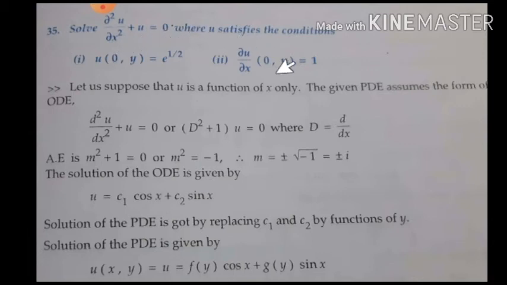In the same way, the derivative of u with respect to x is 1 when x is 0. So ∂u/∂x = 1 when x is 0 is the meaning of this notation. Once you understand the meaning of the notation, it is the same as how we did in the previous problems. So substitute.